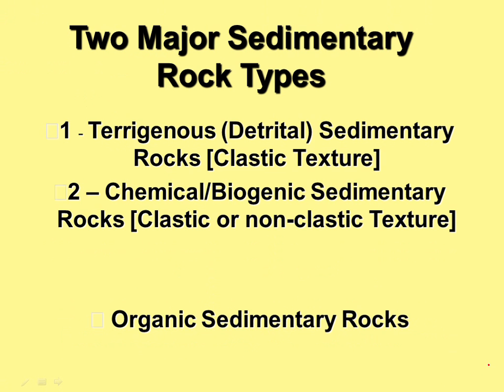So if we look at sedimentary rock types, there are fundamentally two. When you read textbooks and the literature, you might see three listed because sometimes people will break out chemical and biochemical rocks into separate categories. But basically what we've been talking about so far this afternoon is clastic and chemical or biogenic, or biochemical, sedimentary rocks.